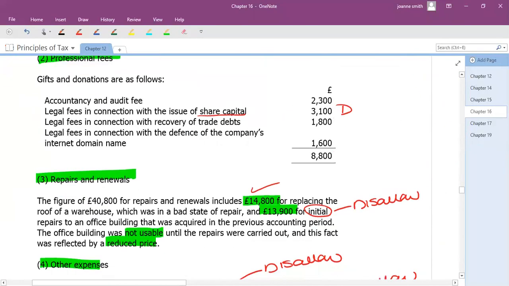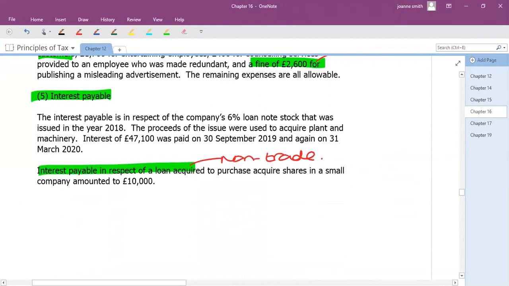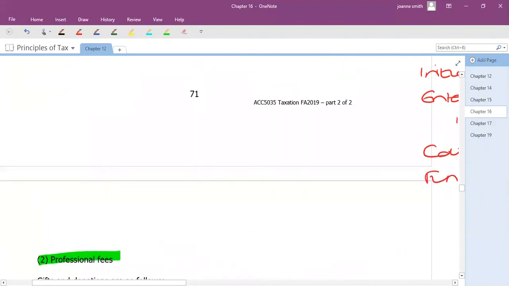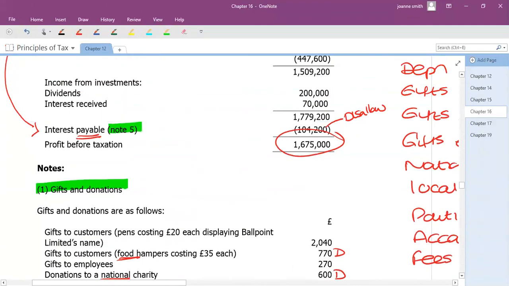Now I'm not going to disallow the full amount. It's only the 10,000. All right, so maybe we shouldn't put that up there just in case you're tempted, I suppose. Let's write here, disallow the non-trade element.